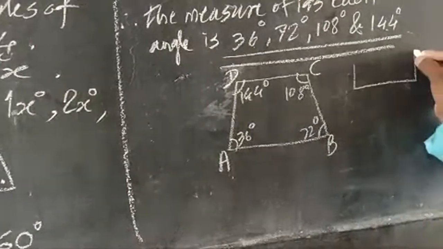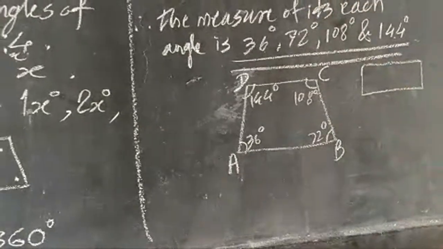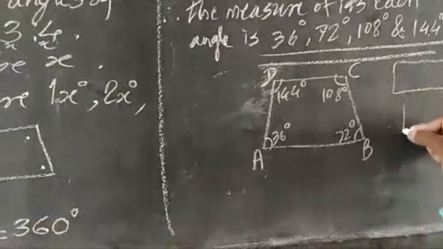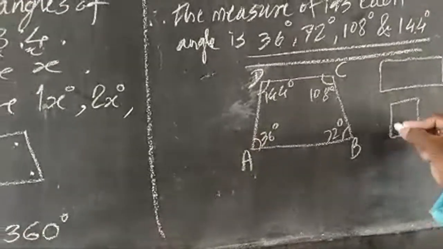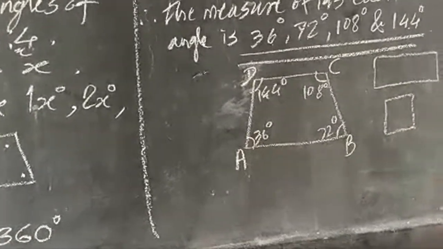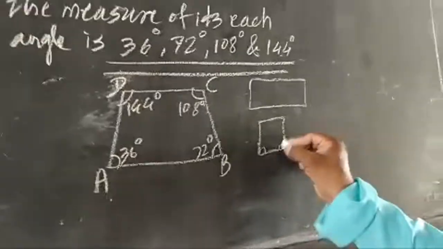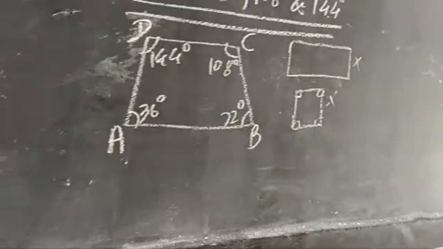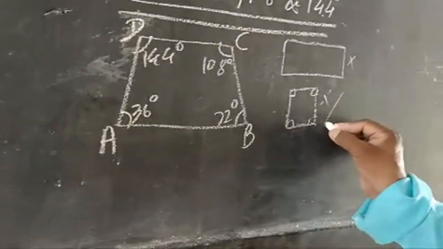First is rectangle. Is it possible for a rectangle? Each angle would be 90 degree. Is it possible for a square? Each angle is 90 degree. Means these two are not possible. Is it possible for a rhombus?